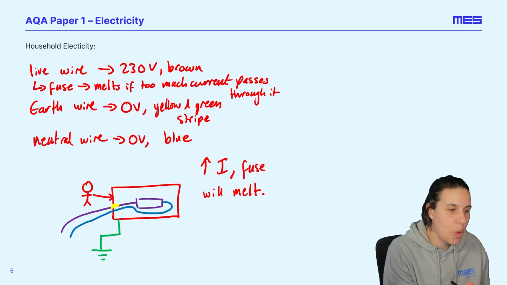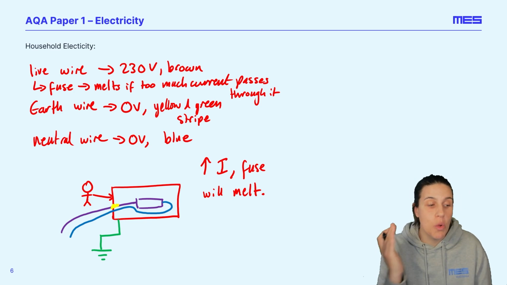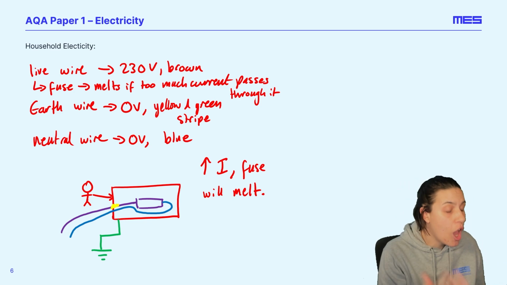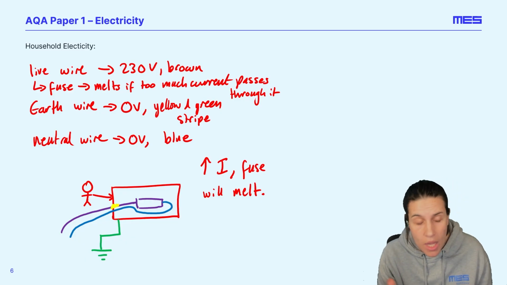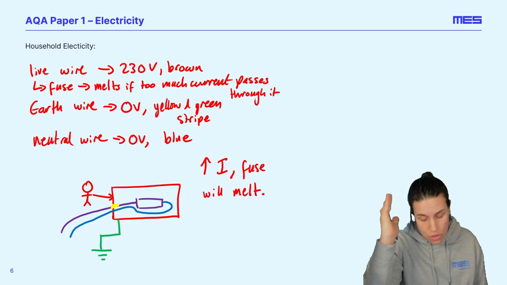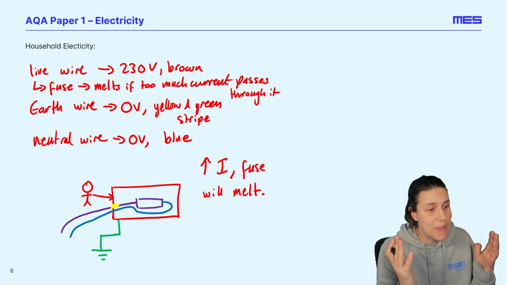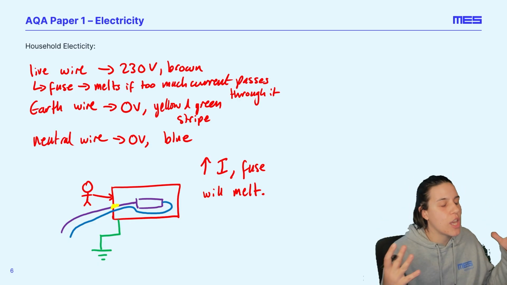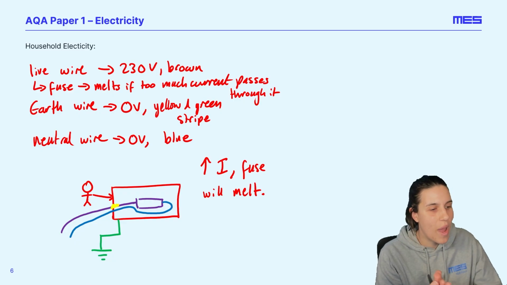Because if we've got the earth wire connected, instead of going through us, the current will always take the path of lowest resistance. So we make sure that the earth wire is a low resistance wire. The current will go straight through the metal casing, straight down the earth wire to the earth. Happy days. But then suddenly there'll be a really low resistance, so a really high current, so our fuse will melt.